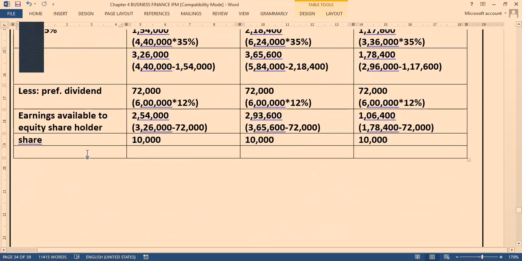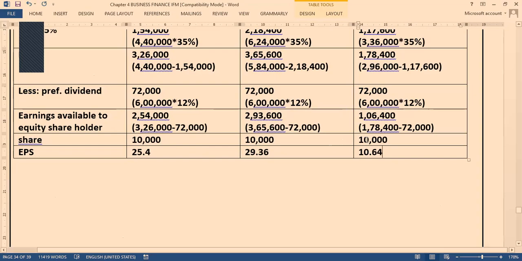Now we have to divide to get EPS. If we divide 2,54,000 by 10,000, you'll be getting 25.4. Here you will be getting approximately 29.36, whereas here approximately 10.64.